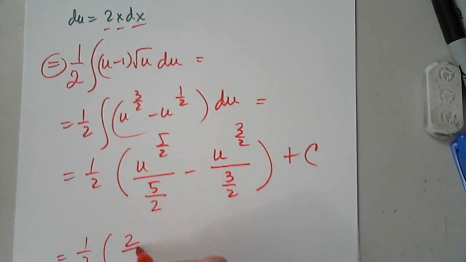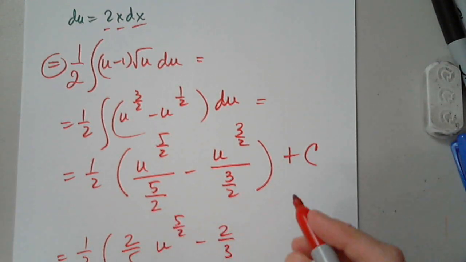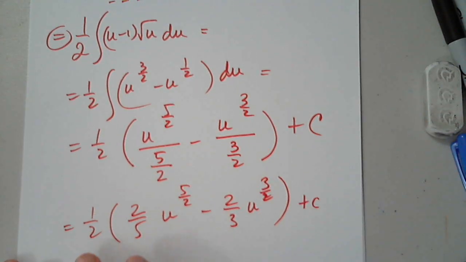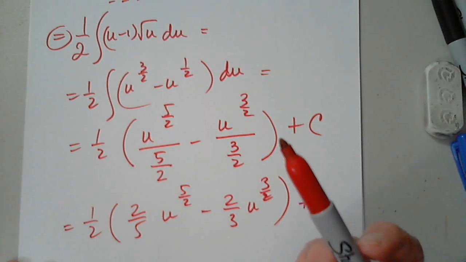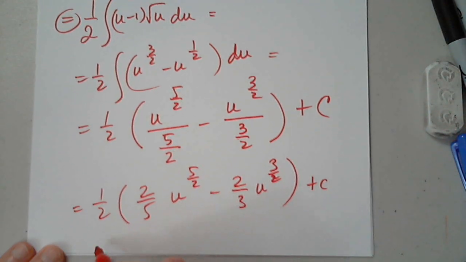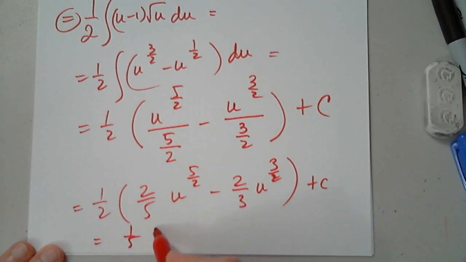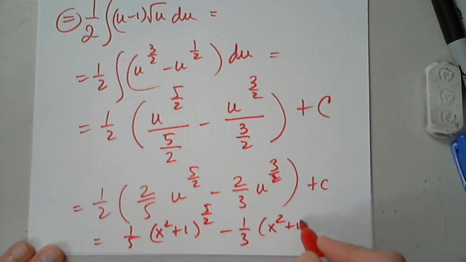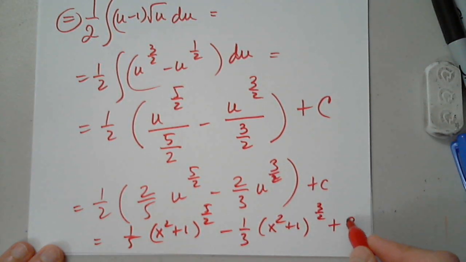I flip the 5/2: u to 5/2 minus 2/3 u to 3/2 plus a constant c. I have to distribute, and replace u by x squared plus 1. So this is 1/5 (x squared plus 1) to 5/2 minus 1/3 (x squared plus 1) to 3/2 plus a constant c.